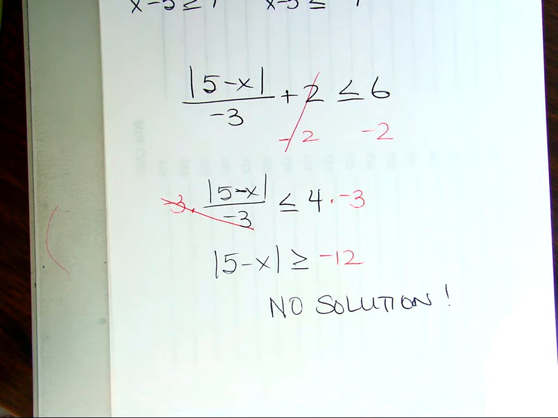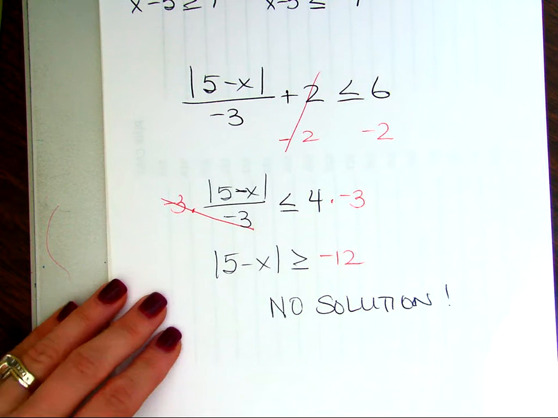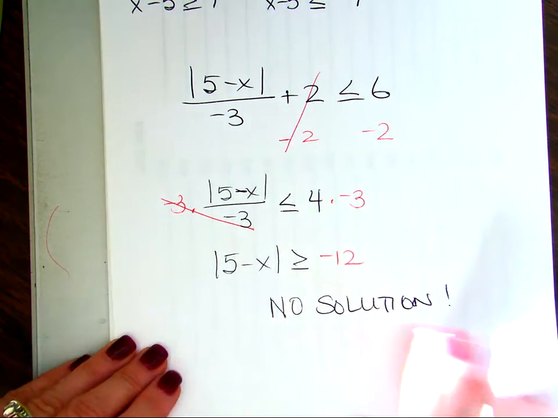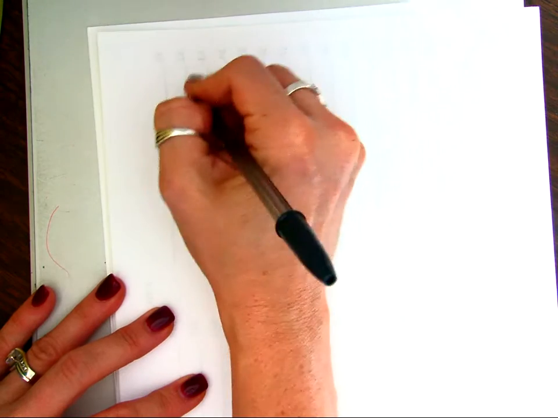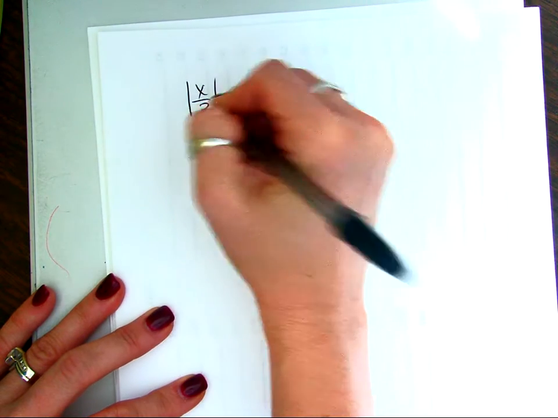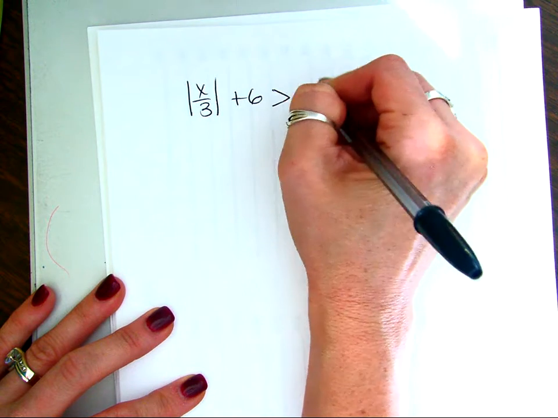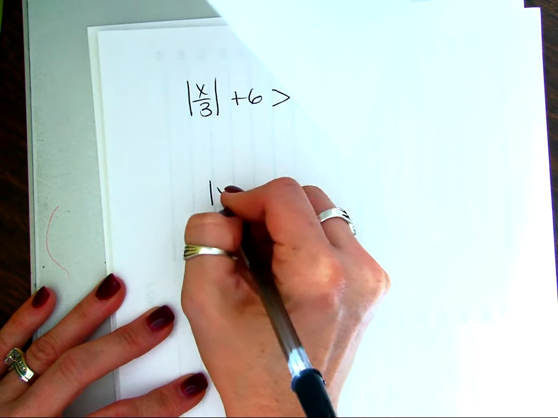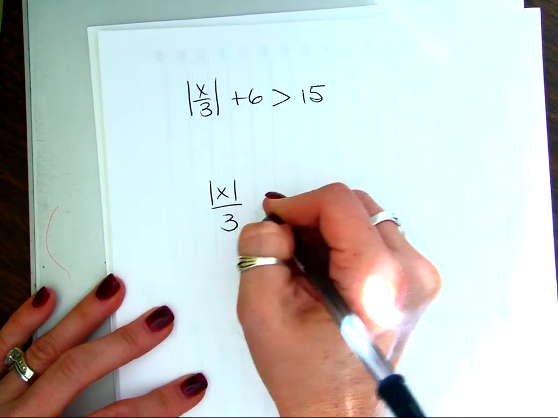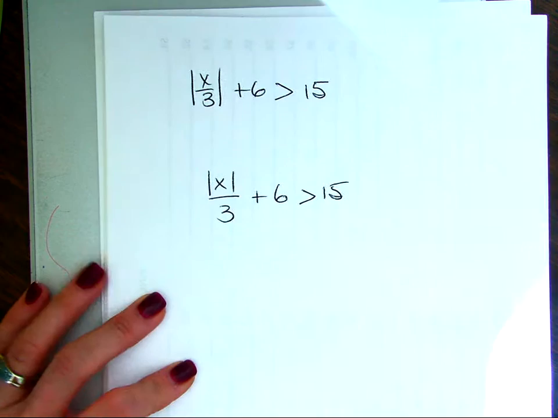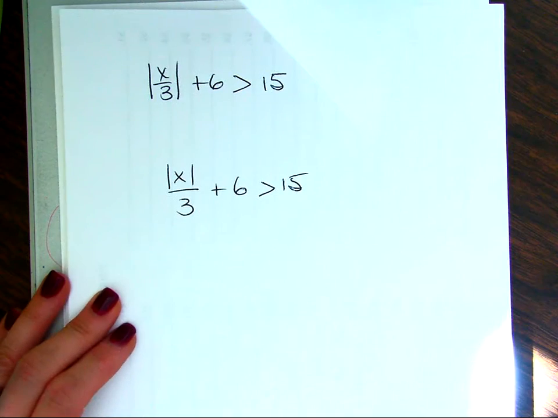Okay? All right. I want to show you the difference between what to do, like this one here. Let's talk about the difference of this problem and this problem. Boy, they look awfully similar, don't they?